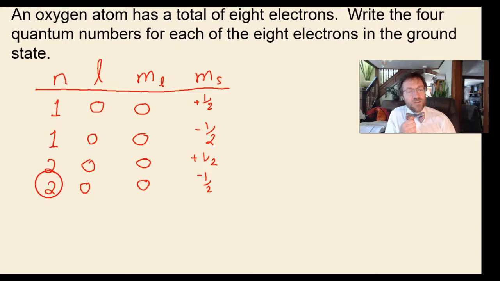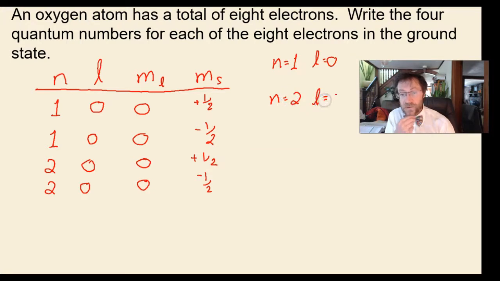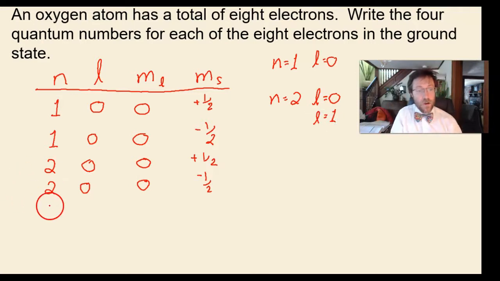So for energy level 2, our L options: if N equals 1, L equals 0. If N equals 2, L equals 0, and L can equal 1. Remember, so you have 2 options. So let's go to L equals 1.